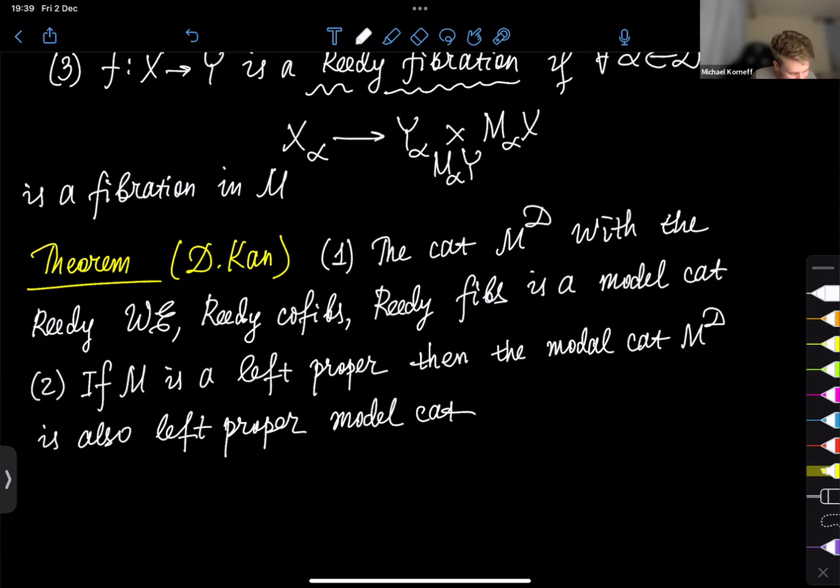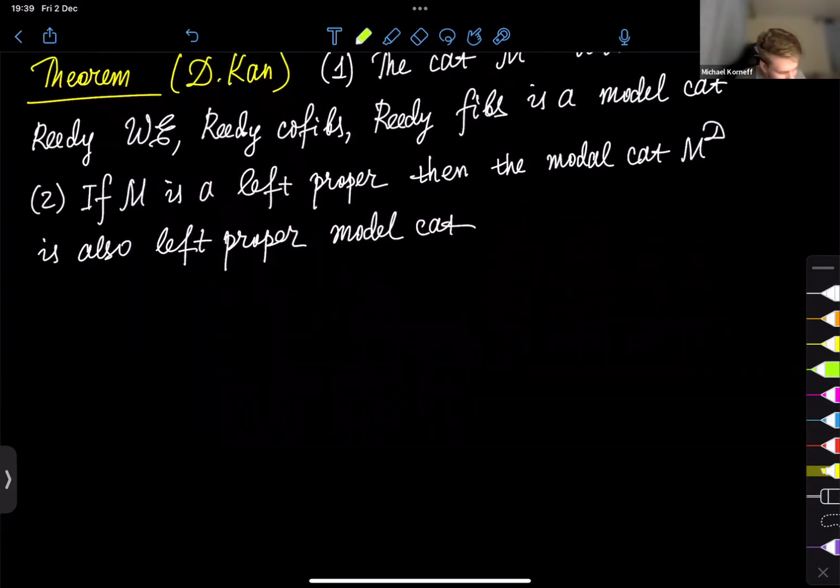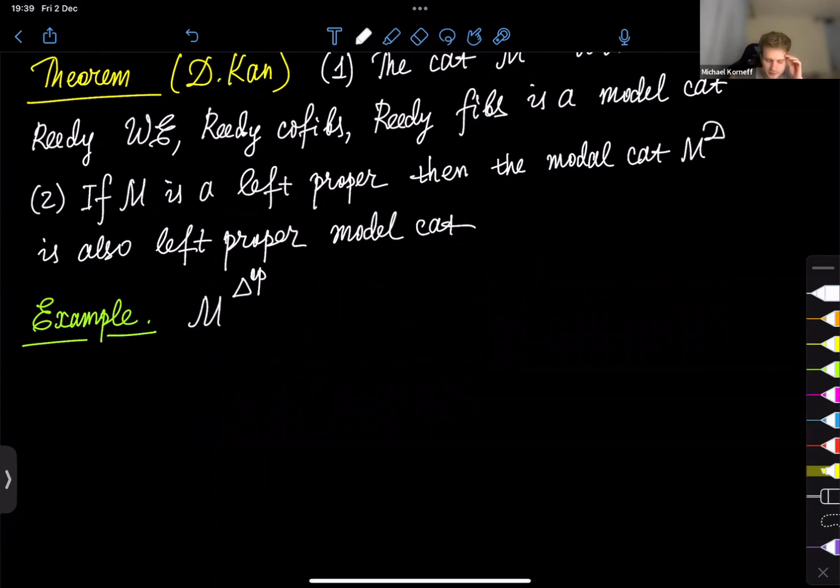Recall that the main example here is, of course, the model category of simplicial objects, the category of diagrams between the ordinal category and a model category.